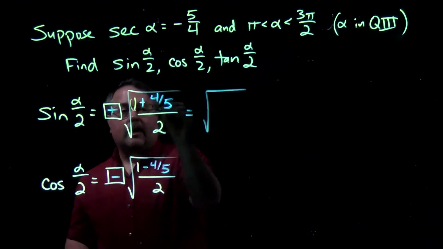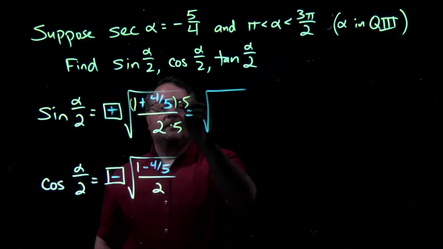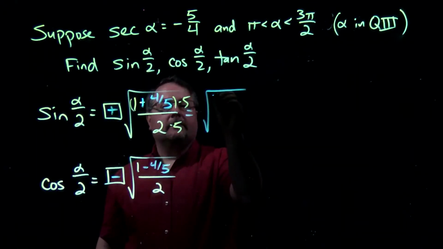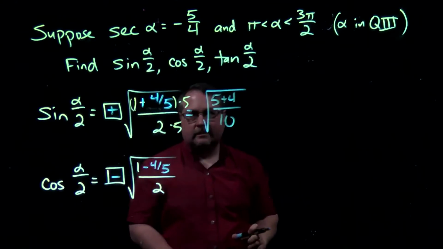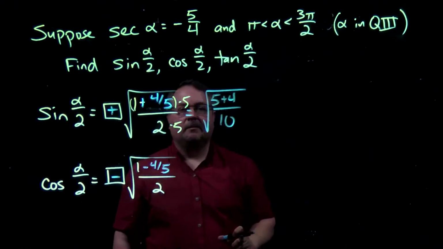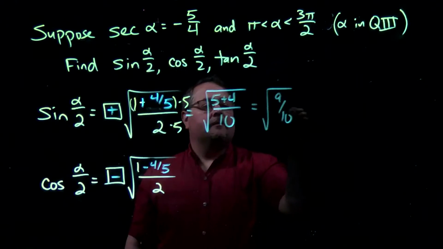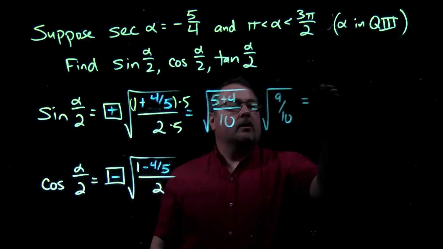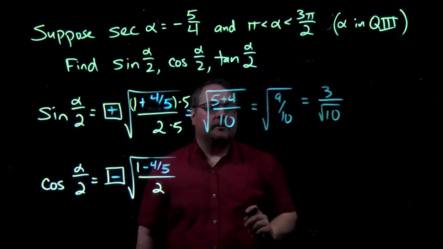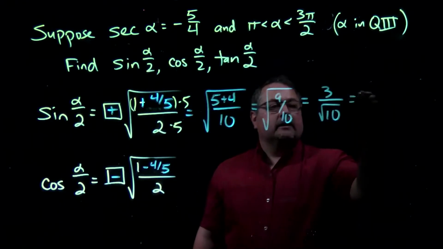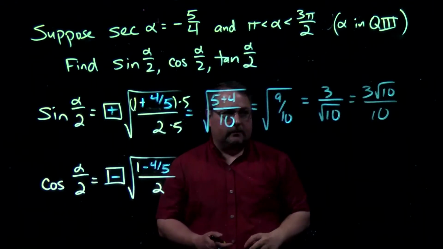So if we do that, we'll have up top 1 plus 4/5 times 5 is 5 plus 4 over 10. Okay, 5 times 5 plus 4/5 times 5 is 5 plus 4, which is 9. So we have the square root of 9/10, or 3 over the square root of 10. And then if we wanted to rationalize the denominator, that would be 3 root 10 over 10.